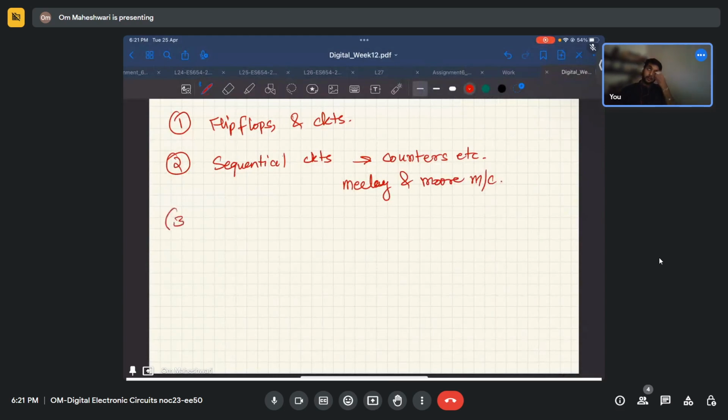Third, we also have a very little introduction to DACs, digital analog converters, and fourth, we could have K-map, Boolean algebra.